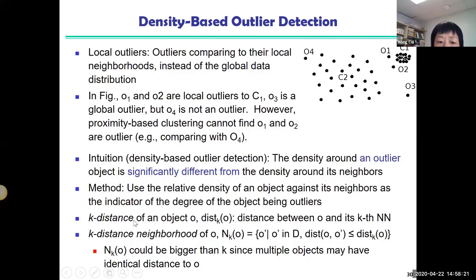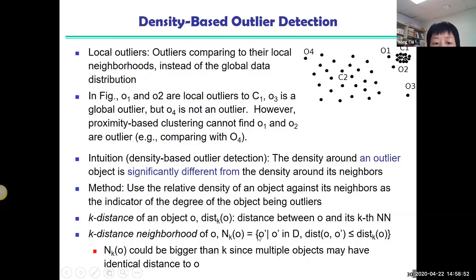For that, we need to introduce, again, a number of terms. The K-distance of an object O is the distance between O and its K-th nearest neighbor. And the K-distance neighborhood is the set of points within that neighborhood.